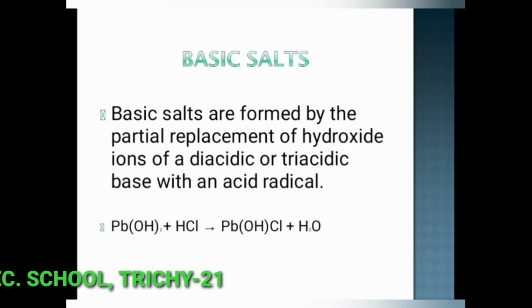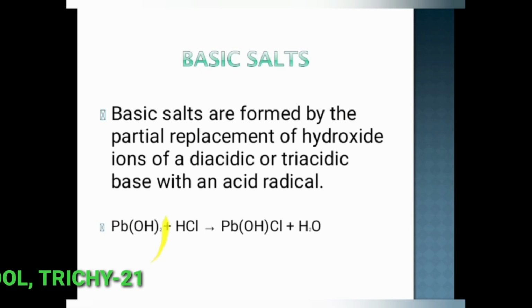So how are basic salts formed? Basic salts are formed by the partial replacement of hydroxide ions. It has 2 hydroxide ions but only 1 hydroxide ion combines with hydrogen chloride to form PbOHCl plus water. So it is an example of basic salt.